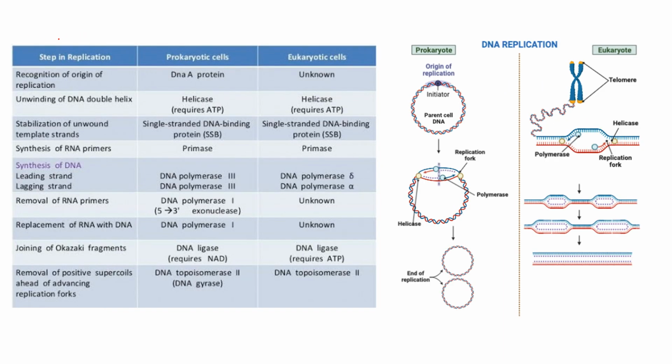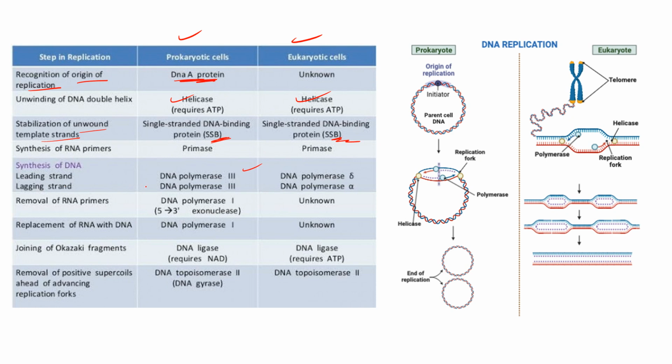Here are some basic similarities and differences between prokaryotic and eukaryotic replication. You can see here recognition of the origin of replication is done by DnaA protein in prokaryotes, but in eukaryotes it is still not clear. The unwinding of the DNA double helix is done by helicase in both cells. The stabilization of the unwound template strand is also by single-stranded DNA binding protein, the same.